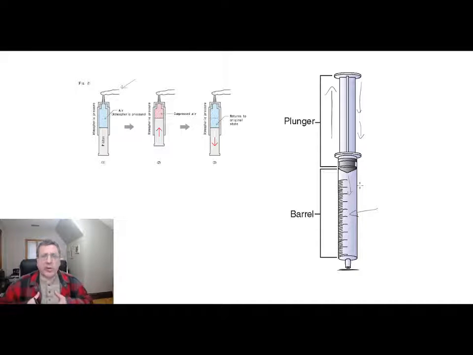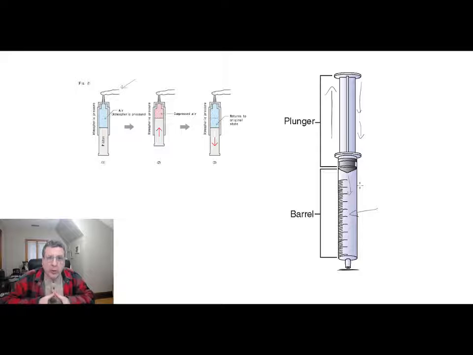So this is what's happening within your thoracic cage. When your thoracic cage gets larger, the pressure inside your lungs decreases. Okay, this is really important because this is going to lead into part two. So as you inhale, or when we're taking a breath, your thoracic cage gets larger.